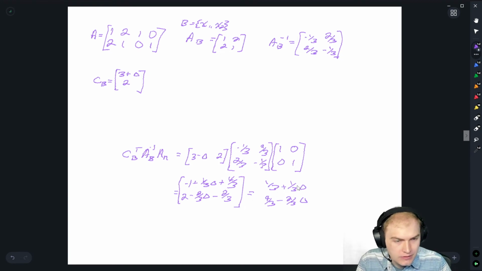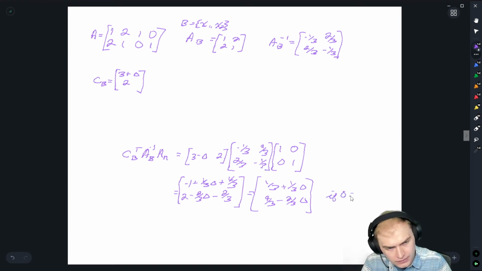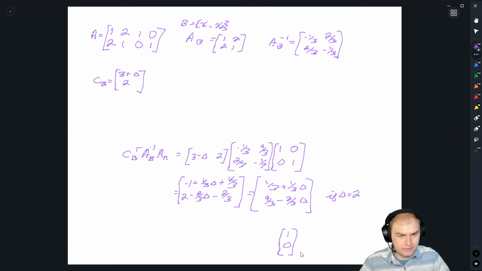And so we see that if delta equals 2, then we get 1, 0, which would be our result.